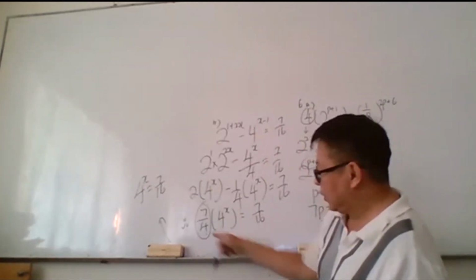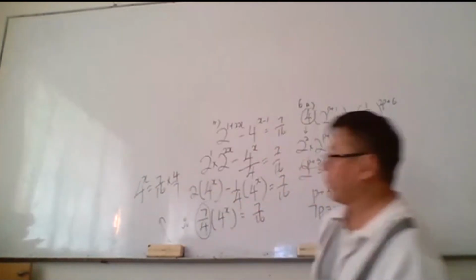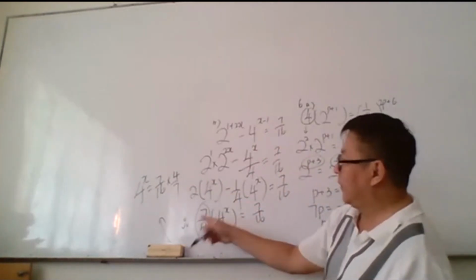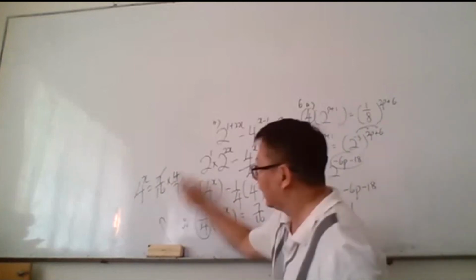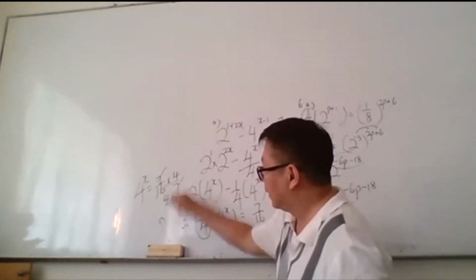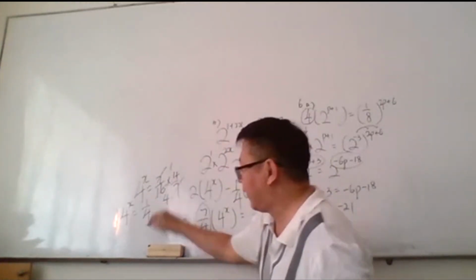What about this one? This one will be cross multiplied, so it becomes 4 over 7 instead of 7 over 4. Then we can eliminate, so your 4 to the x will be 1 over 4.